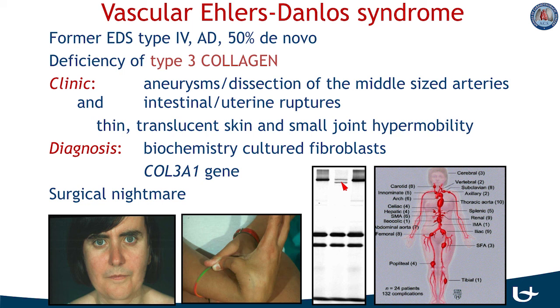The skin is not hyperextensible, but rather thin and translucent, and there is also some evidence for specific small joint hypermobility. In the past, diagnosis was made based on biochemistry, but currently most labs go for direct sequencing of the COL3A1 gene coding for the alpha-1 chain of type 3 collagen.